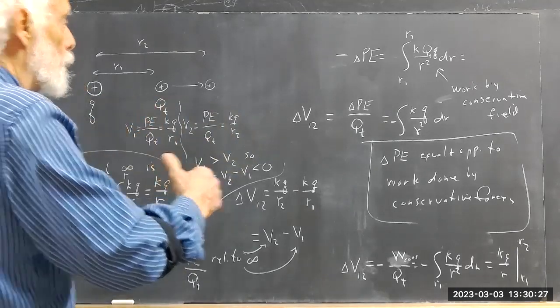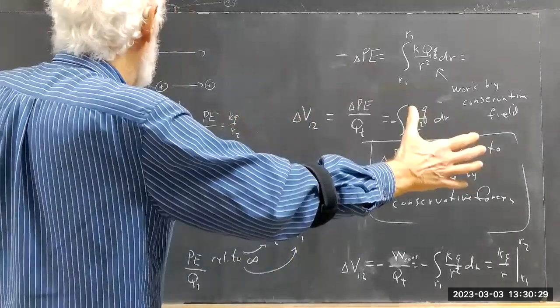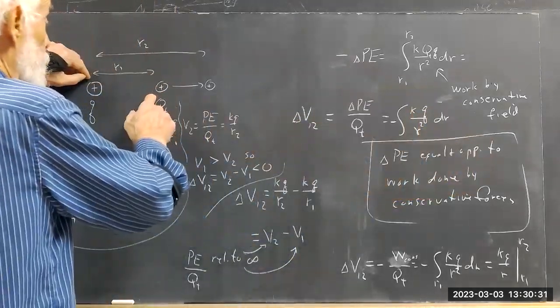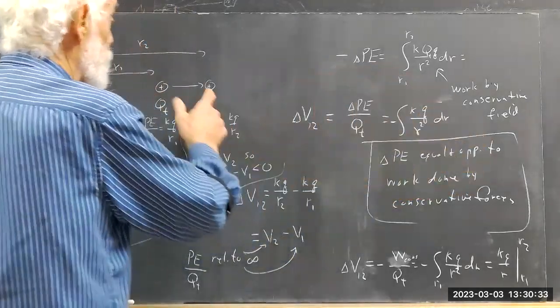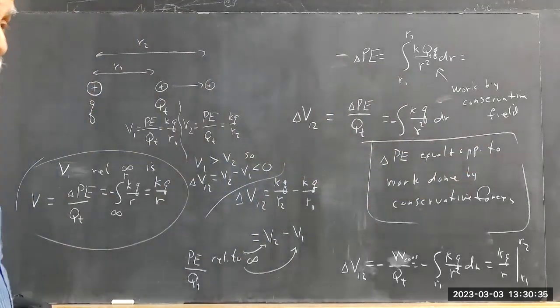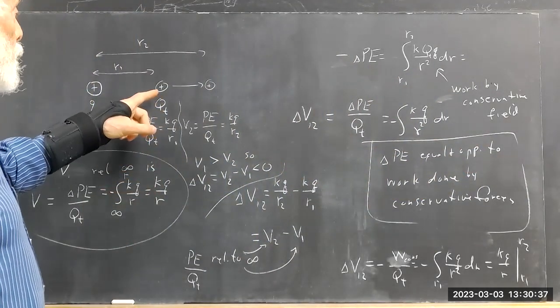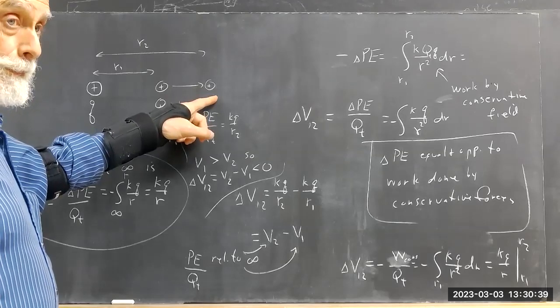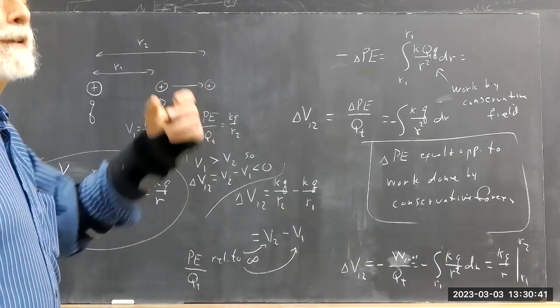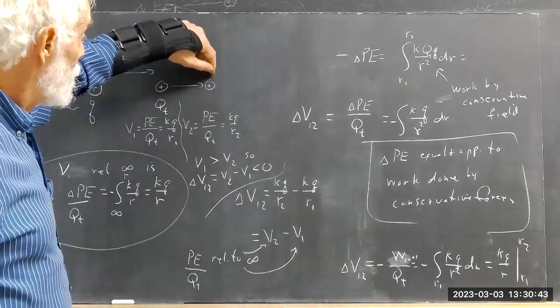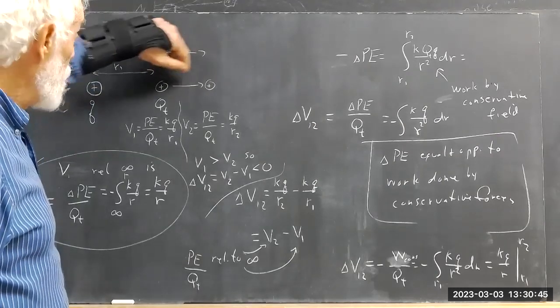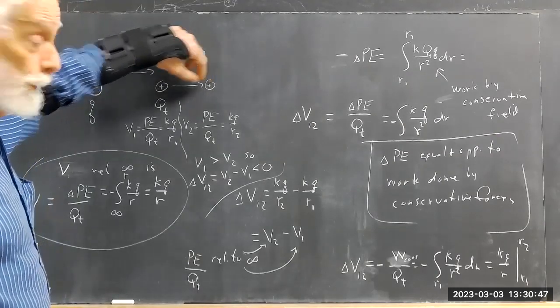It took more energy to move from a great distance to this point than it would take to move from a great distance to this point. So when we move from this point to this point, whatever excess work we did moving from here to here, we get back in the form of kinetic energy if we release this.